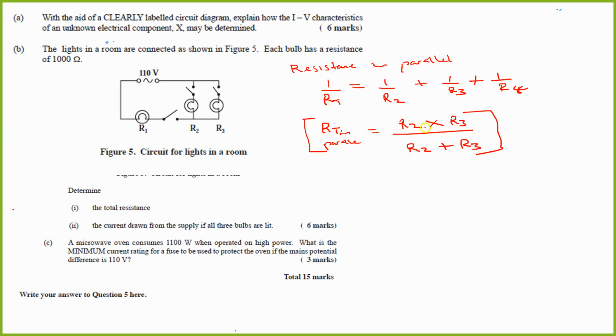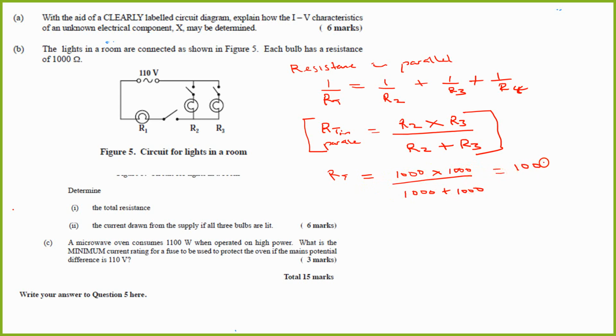Because R2 and R3 have the same resistance, which is 1000 ohms, then I could say RT is equal to 1000 times 1000 divided by 1000 plus 1000.